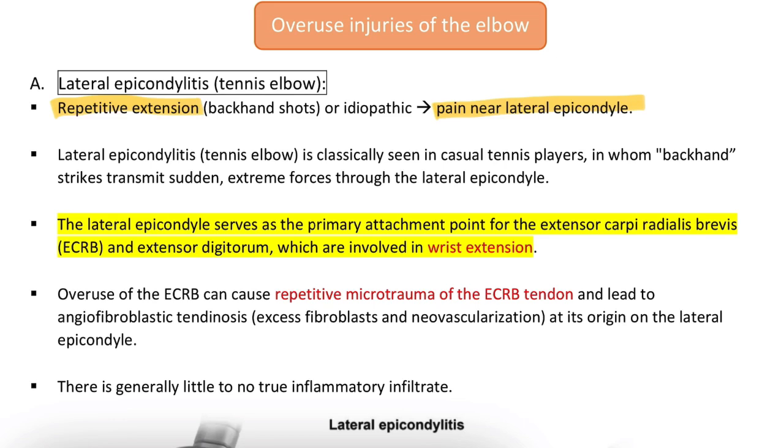Okay, so the mechanism. Why does this happen? In the mechanism, we can see that the lateral epicondyle is where the extensor carpi radialis brevis attaches.